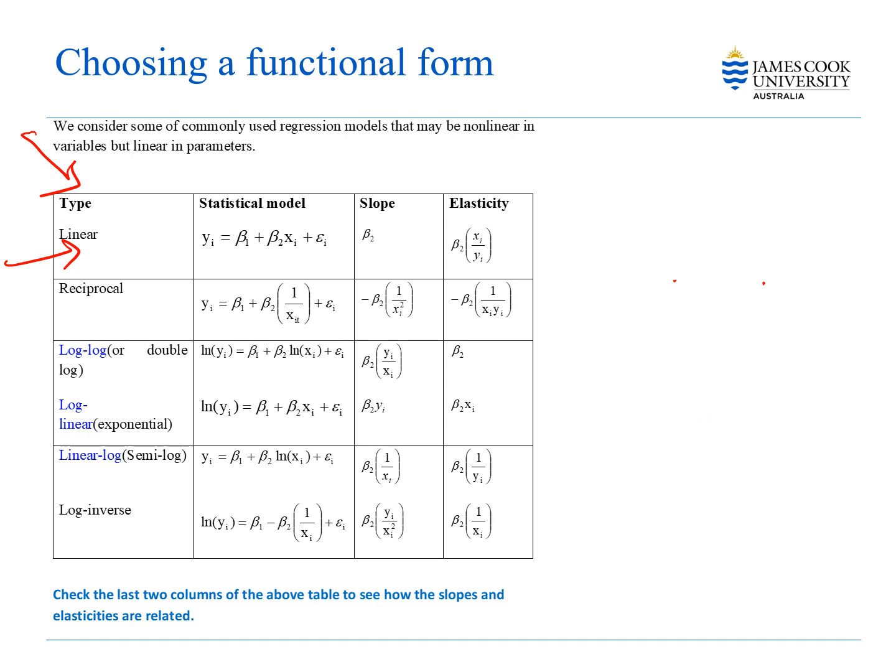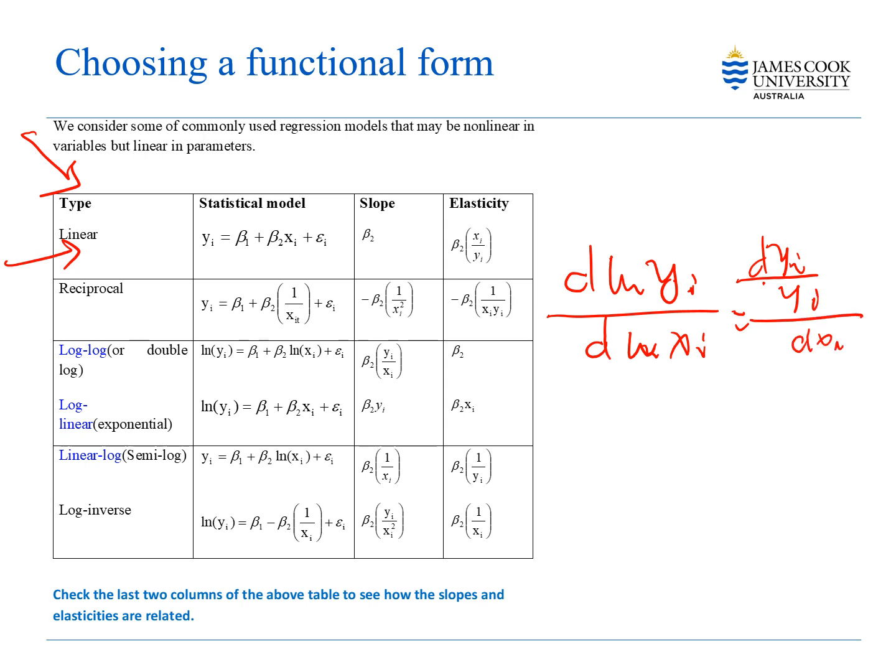So let's look at log models. d log y_i over d log x_i is equal to dy over y_i divided by dx over x_i, and the y in the denominator comes from the logarithm function.